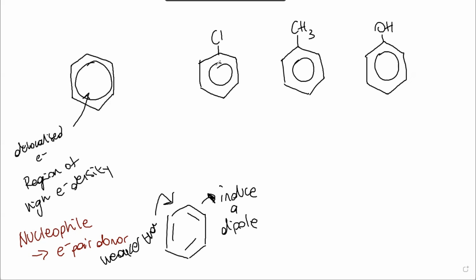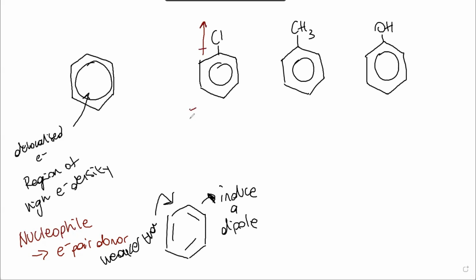Chlorine is more electronegative than carbon. And of course, it's really important to remember the concept of electronegativity, so the ability of an atom to attract electrons towards itself in a covalent bond. And again, it is the movement of this electron density at the end, due to difference in nuclear charge. And chlorine is more electronegative, so it takes away the electron density from the ring.